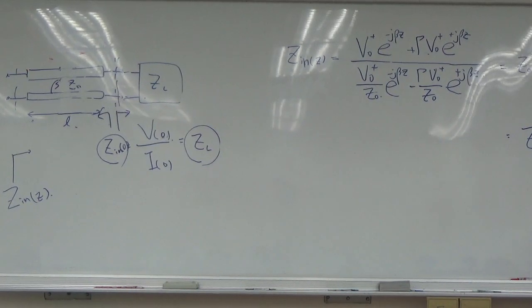I don't know how much I can do. First of all, I will use gamma equals ZL minus Z0 over ZL plus Z0, and I need to put it in here.